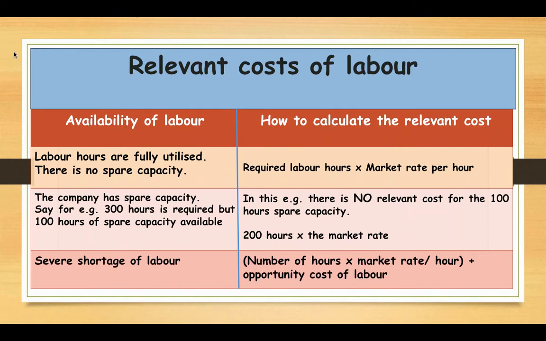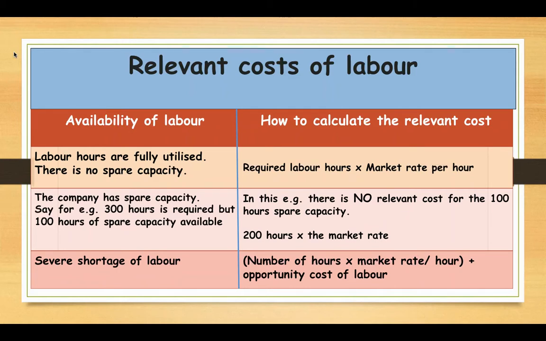So whenever there is a spare capacity, the relevant cost for that spare capacity will always be nil. Now, we'll look at the third possibility. There is a severe shortage of labor. That means the company can't hire any more labor. So the company has to pinch some labor hours from its usual production.